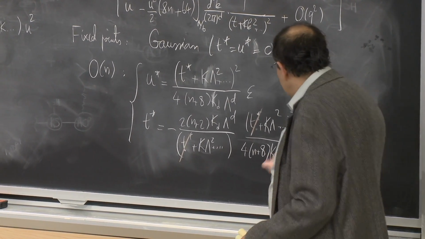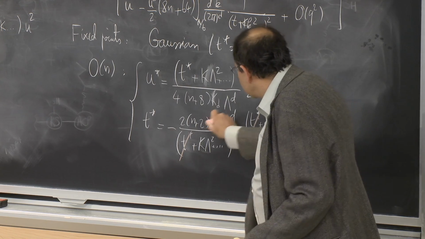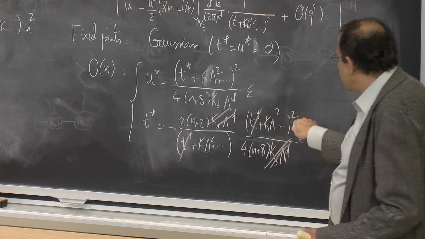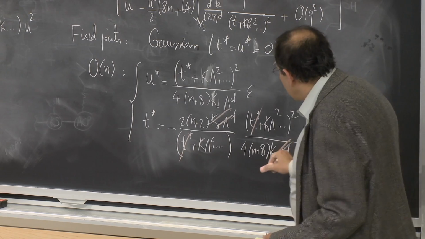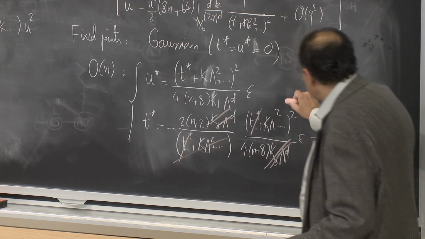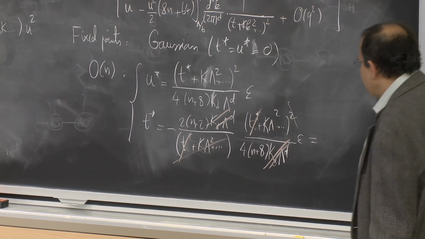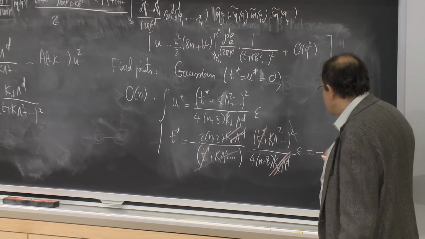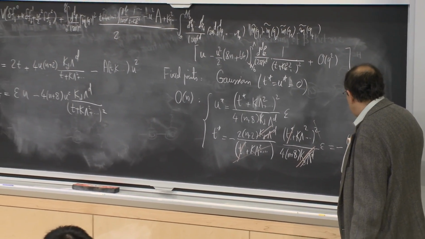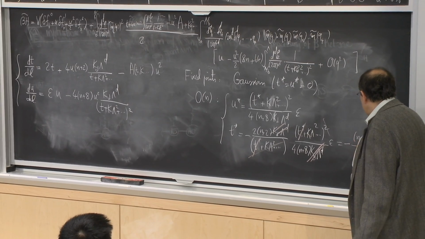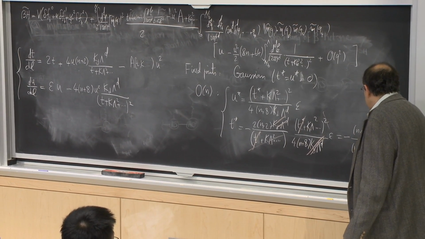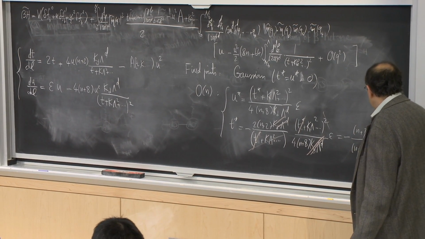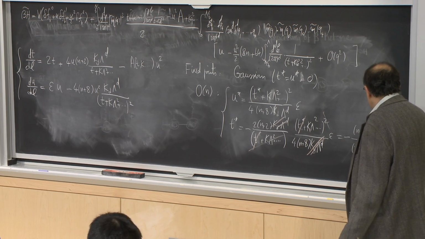You can see that this K_d lambda to the d cancels that. One of these factors cancels what I have over here. At the end of the day, I will get minus n plus 2 divided by n plus 8 k lambda squared epsilon.